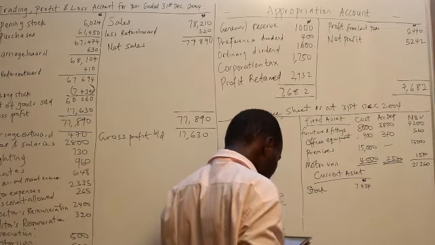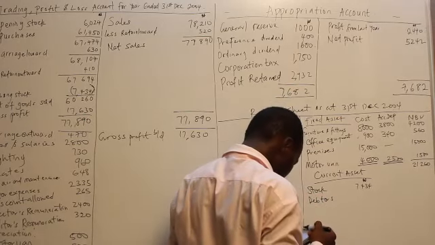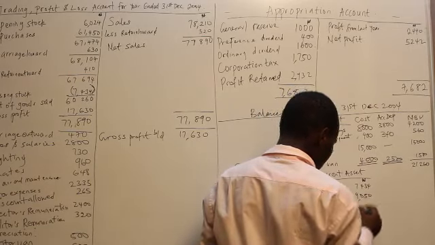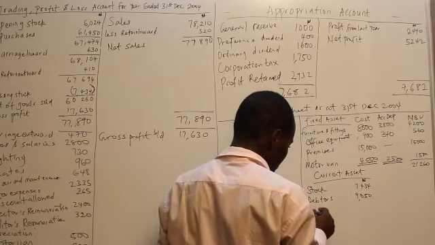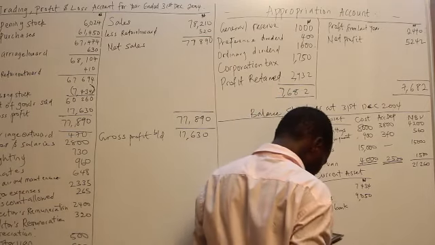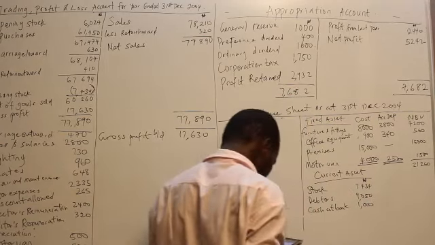We have debtors, which is 9,050. So we have cash at bank, which is 1,000 there.